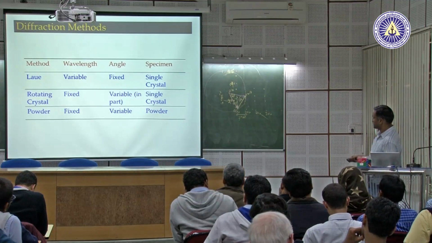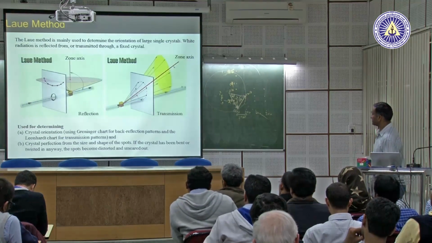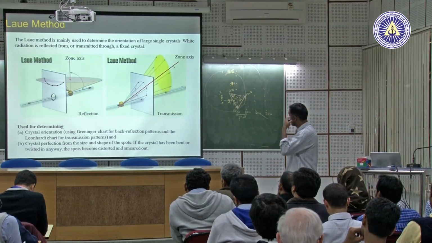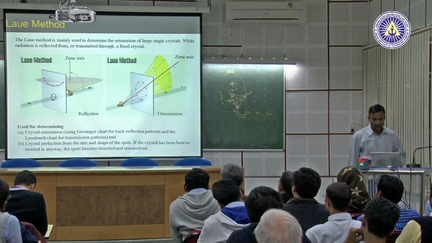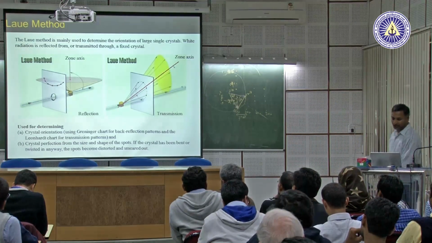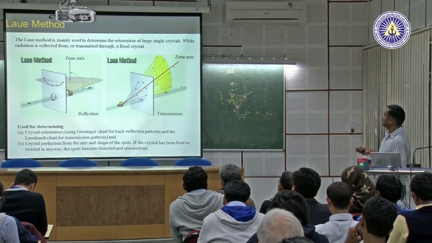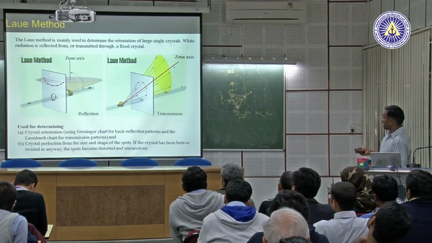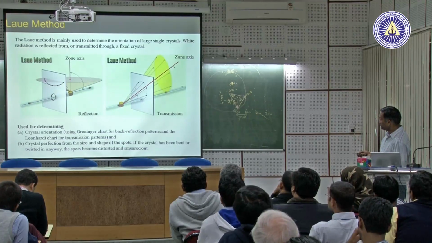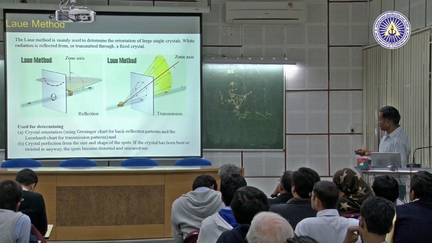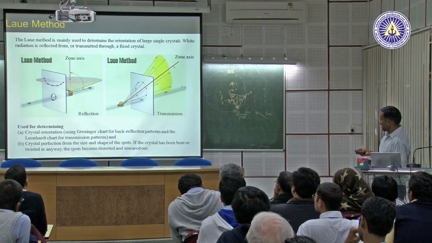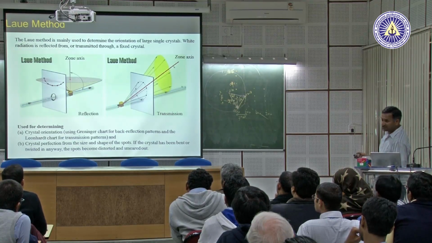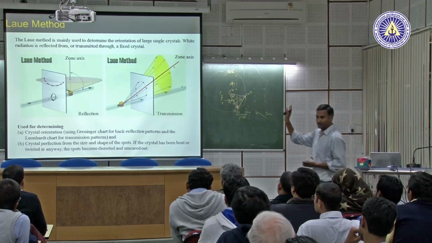So let's look at the first two in some detail. This is the Laue method, which is mainly used to determine the orientation of large single crystals. What you have here is an X-ray beam which hits a single crystal, and depending upon the orientation of planes, it gives you a diffracted beam.